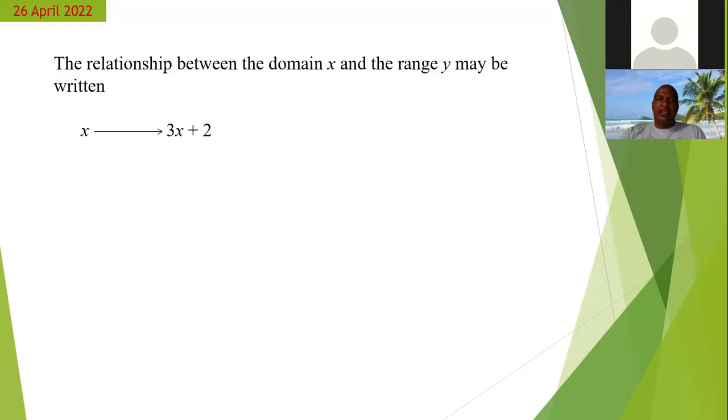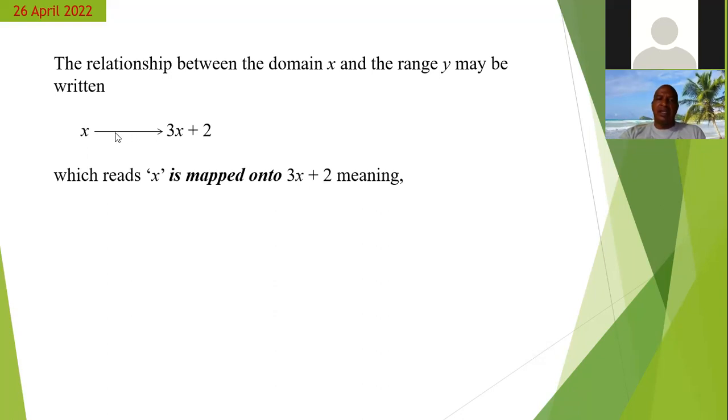So the relationship between the domain X and the range Y may be written in the following way. When you see the relation written like this, it reads X is mapped onto 3X plus 2.